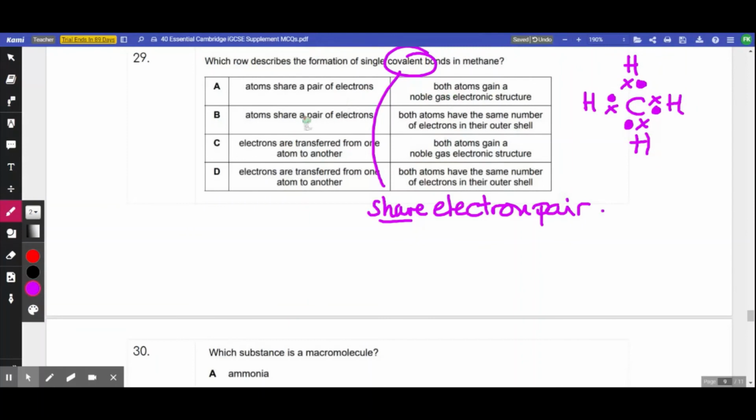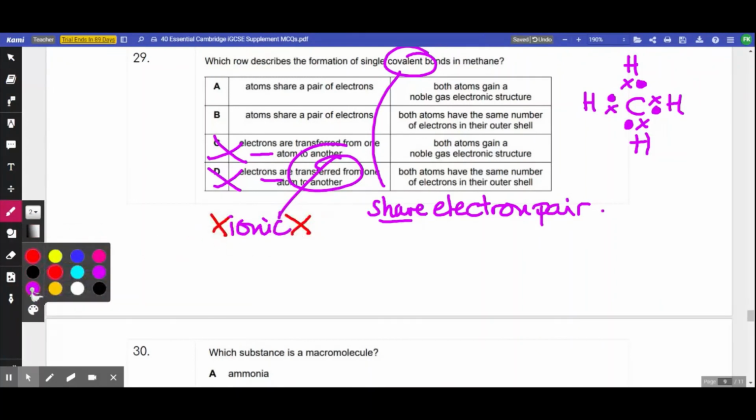So atoms share a pair of electrons. Yes, definitely. So let's exclude C and D. C and D are incorrect because that's for ionic substances. So that is definitely a wrong answer.